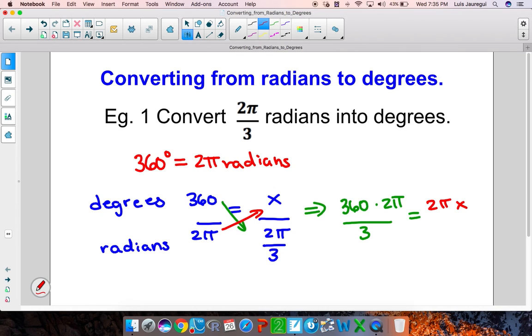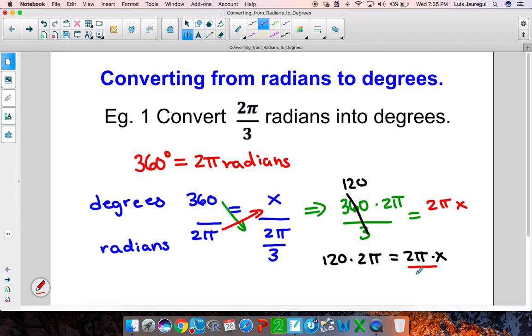Now let me simplify this further. I know 360 divided by 3 is just 120. So I have 120 times 2 pi is equal to 2 pi x. Now my job is to figure out the value for x, but the 2 pi is multiplying that x.